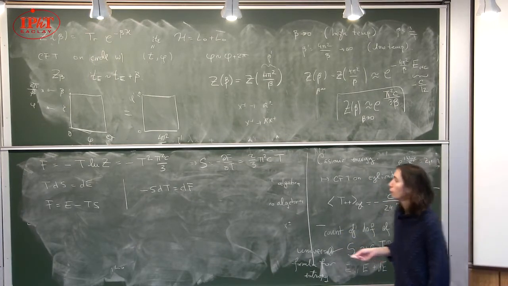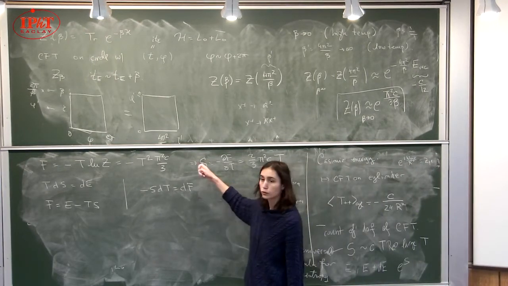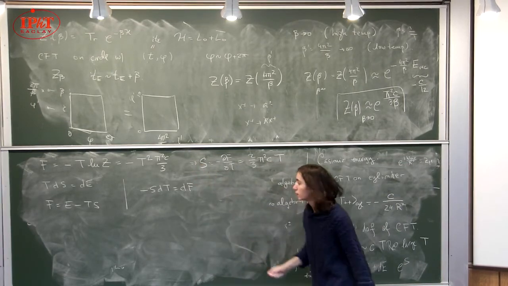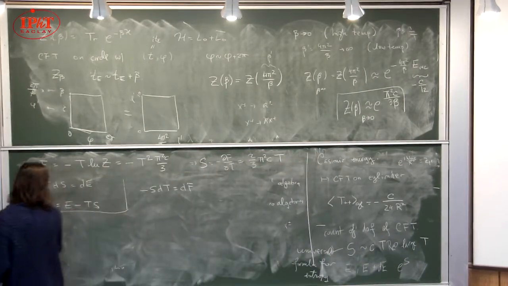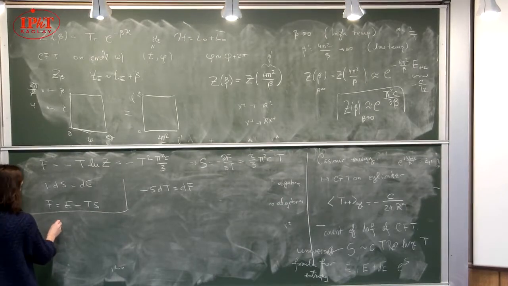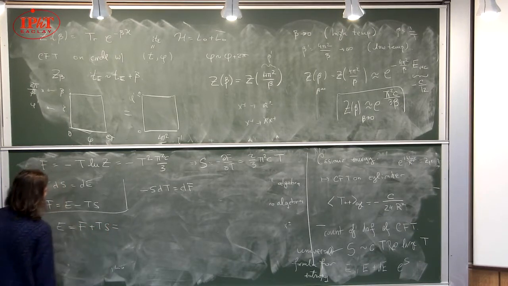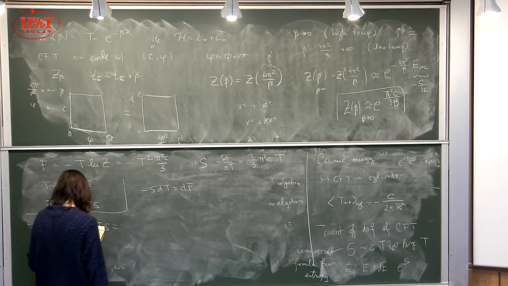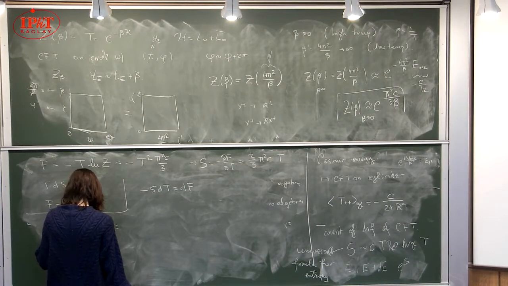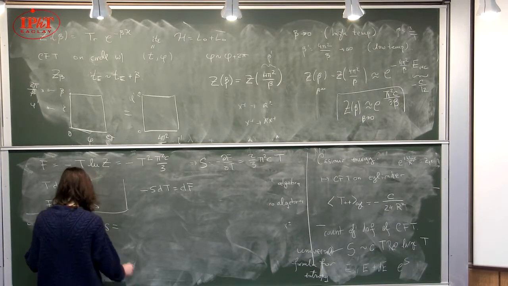But now actually we want to write the entropy as a function of the energy, because that's what is going to be more useful. So the energy is F plus TS. Good.